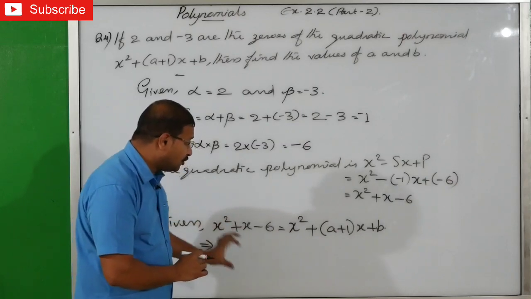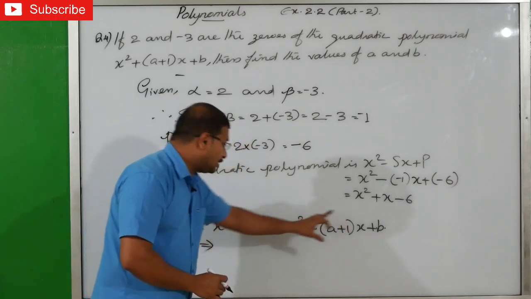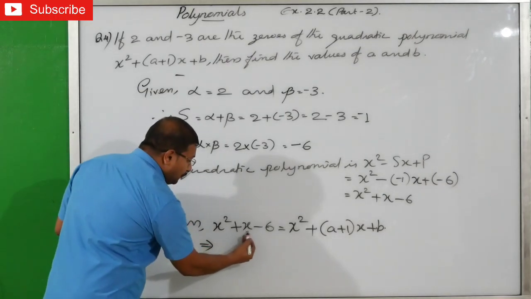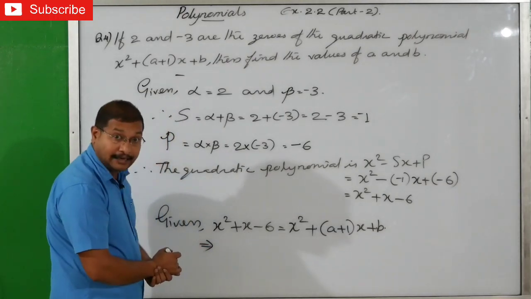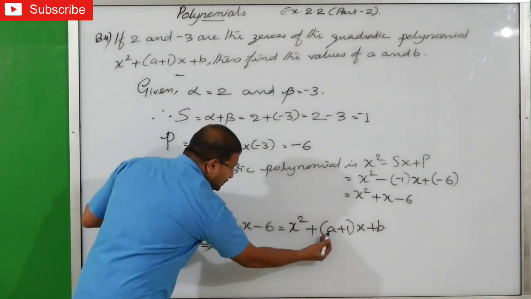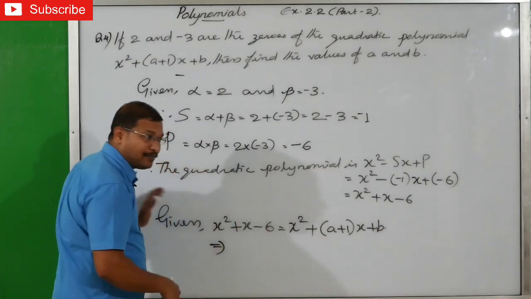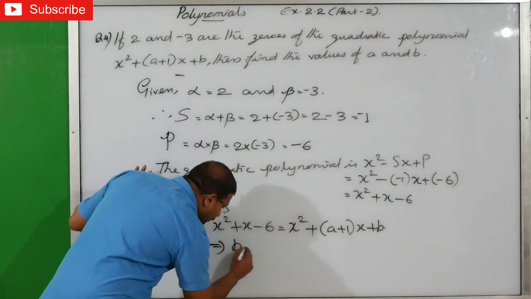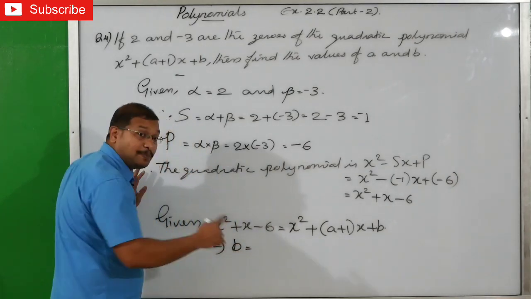Ready? Now this implies we want the values of a and b. That means the coefficient of x and the constant term we have to equate. This implies we can write the coefficient of x. Because we want the value of a, we use the general form ax square plus bx plus c.